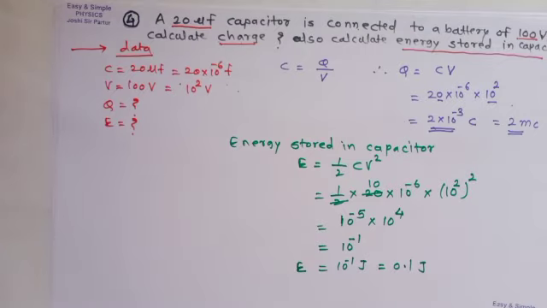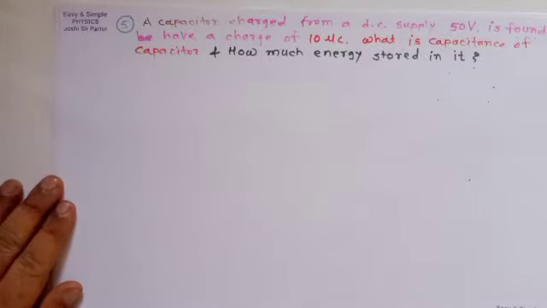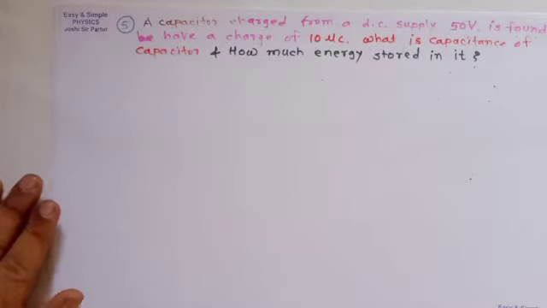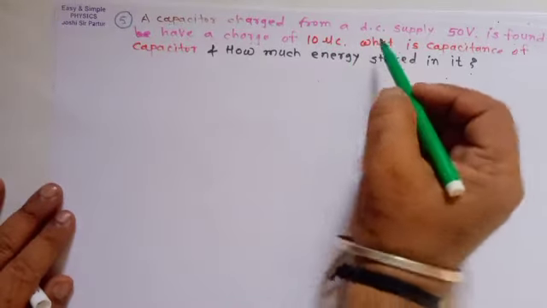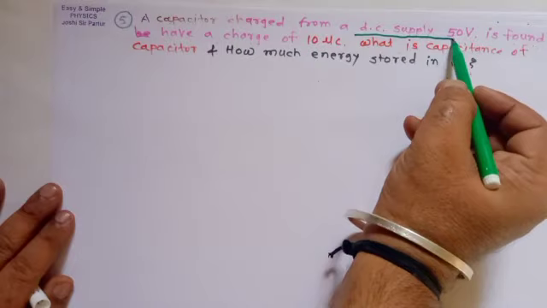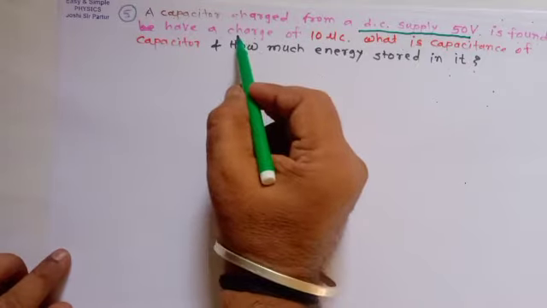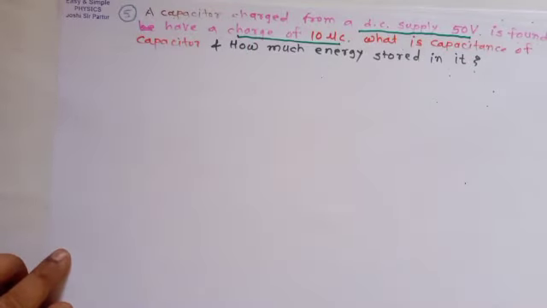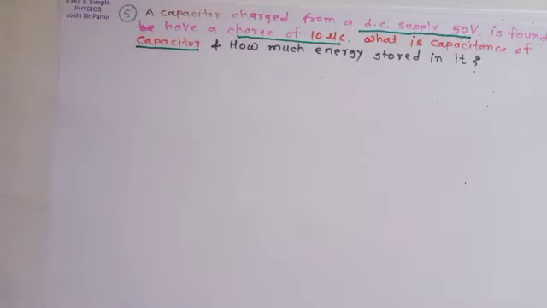Again we can solve similar examples like this. A capacitor is charged from a DC supply. This DC supply is 50 volt. It is found to have a charge of 10 microcoulomb. What is the capacitance of the capacitor? The first question.